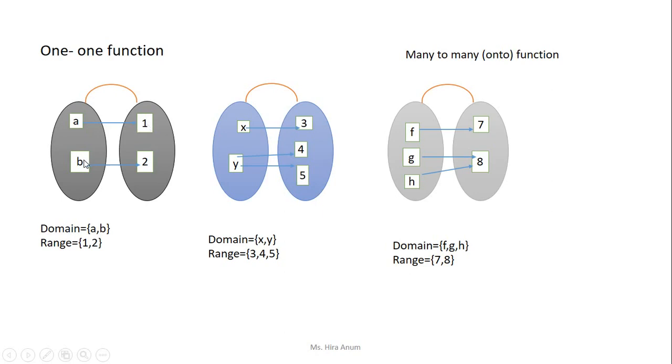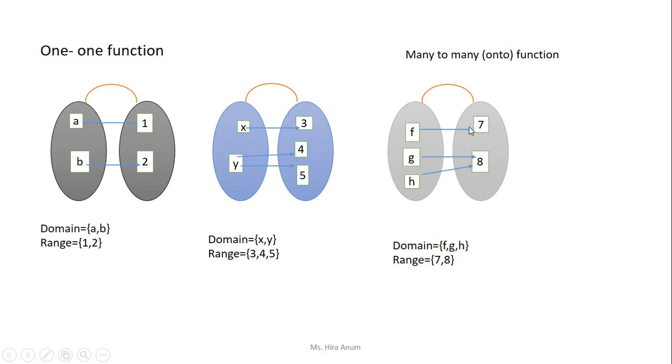One element takes one value of the other set. Let's see, A relates with 1, B relates with 2, X relates with 3, Y relates with 4 and 5. This is not a 1-1 function.